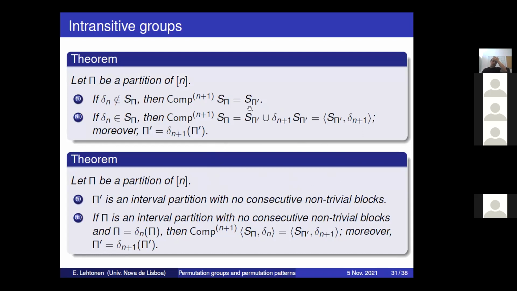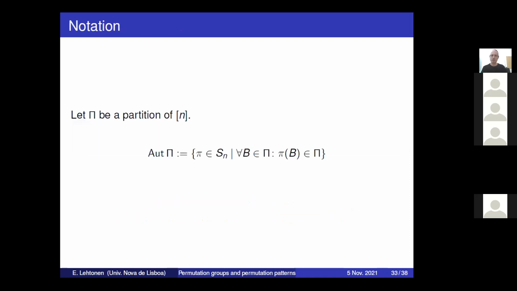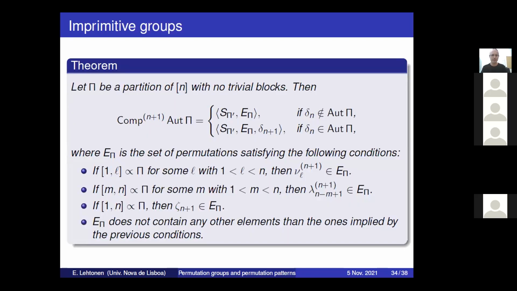We can show that for groups of this form, if we go up taking compatible permutations, we will still have permutation groups of this form. And then we can quite easily determine how fast we will reach one of the stable sequences. I guess I'm soon running out of time, so maybe I will skip details.